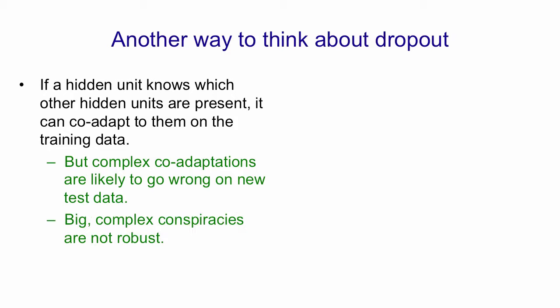It's like the idea that a big complex conspiracy involving lots of people is almost certain to go wrong, because there's always things you didn't think of, and if there's a large number of people involved, one of them will behave in an unexpected way, and then the others will be doing the wrong thing. It's much better, if you want conspiracies, to have lots of little conspiracies. Then when unexpected things happen, many of the little conspiracies will fail, but some of them will still succeed.